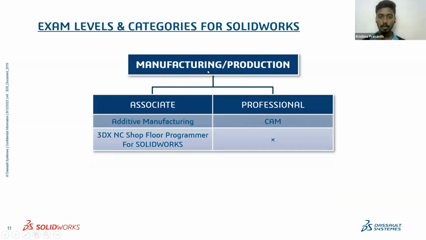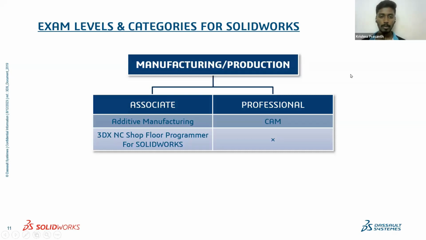So when it comes to the manufacturing or production side, we have a basic level additive manufacturing tool. It is also an objective type exam where the theoretical knowledge of additive manufacturing, the 3D printing part, metal 3D printing, and every other kind of additive manufacturing will be assessed with these certificates.